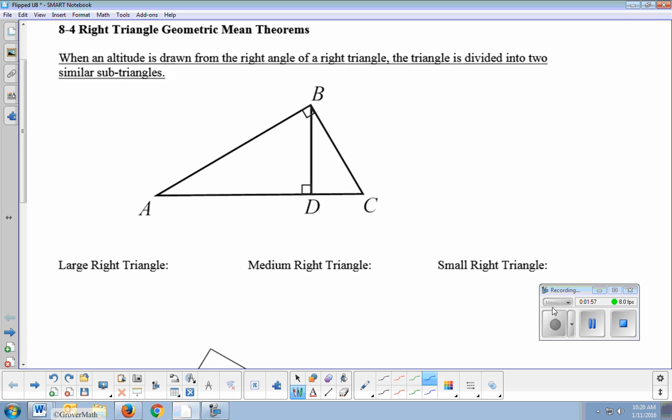First, let's just list the corresponding angles in order for these three triangles. So the large triangle, we could pick any order, but let's go with ABC. So triangle ABC. And so B, our middle angle, is going to be our right angle. A would be the smaller of these two acute angles.